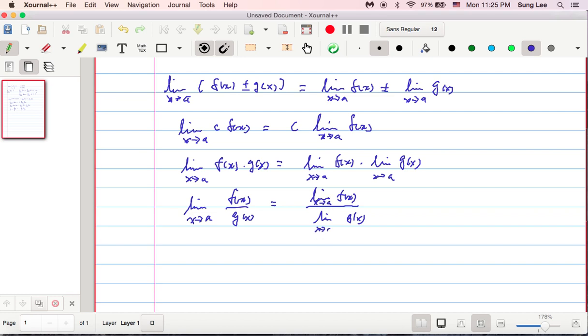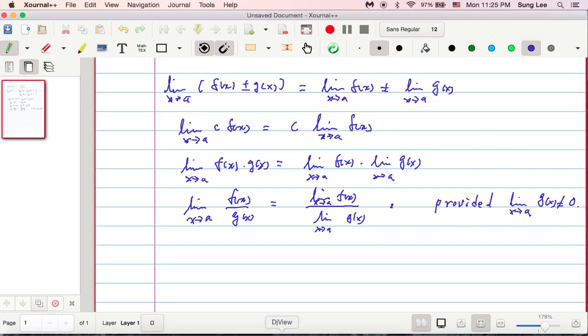In this case, this is true provided the limit of g of x when x approaches a is not equal to 0, right? Okay, so these are the nice properties we studied before. Using these properties, we can show the following, okay?